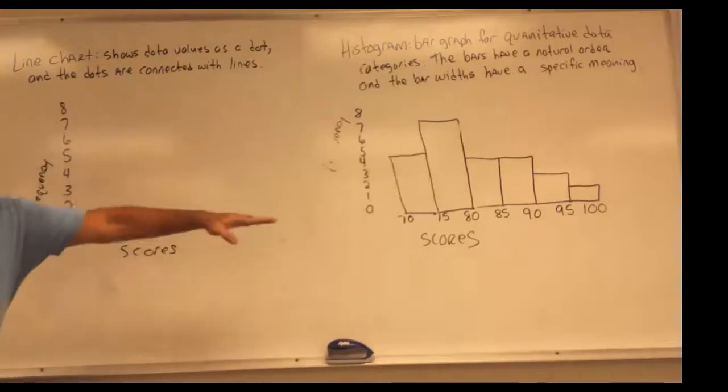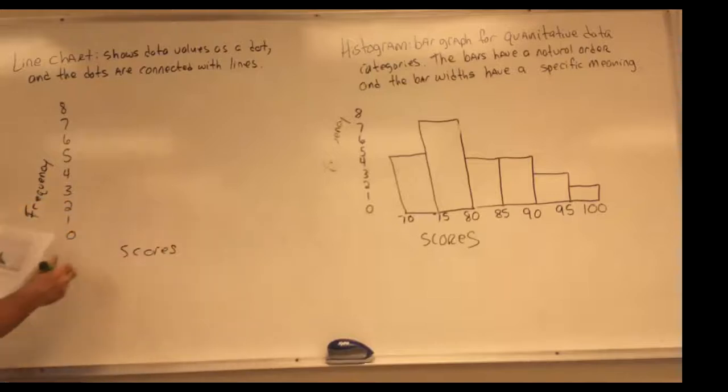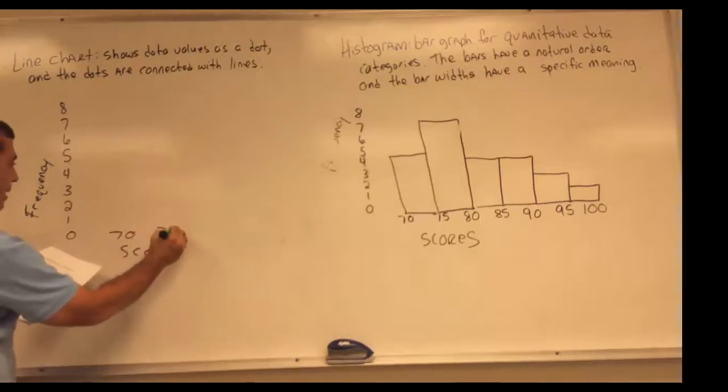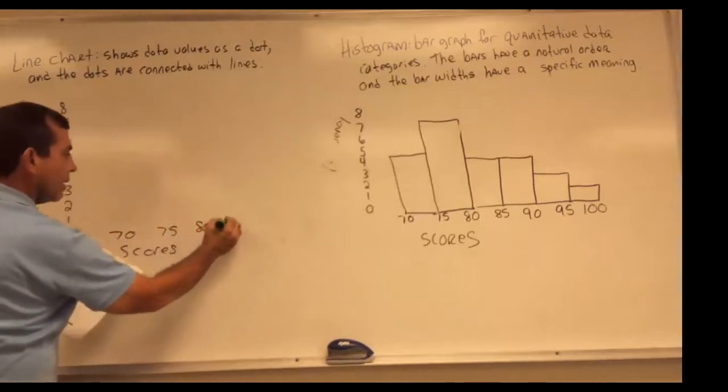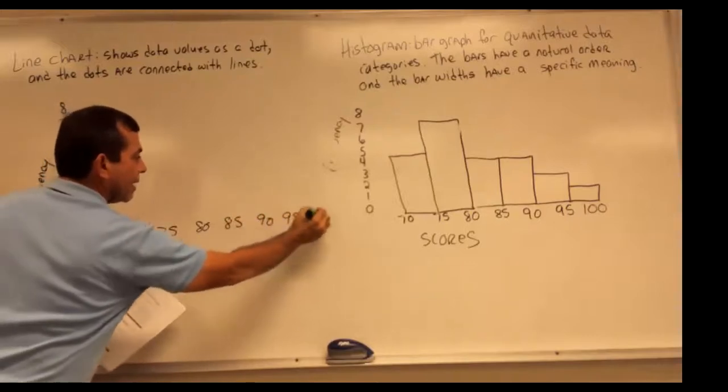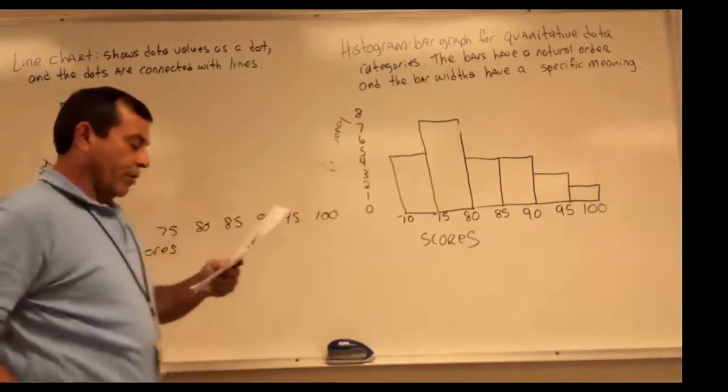And then my scores were in the same range, 70 to 75. So I'm going to do 70, 75, 80, 85, 90, 95, 100.